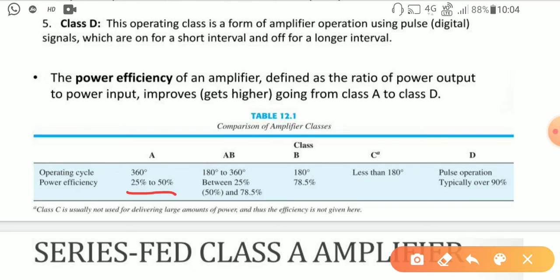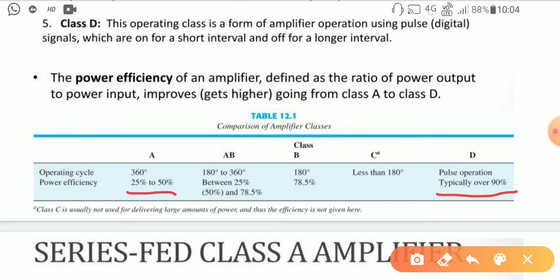For the C, it is not considered, because the efficiency is not given, as delivering a large amount of power is not basically the use of the class C type of amplifier. Now for the D, it is typically over 90% for the power efficiency.